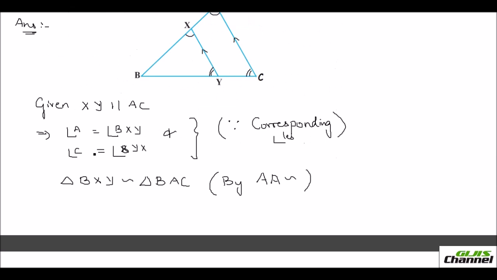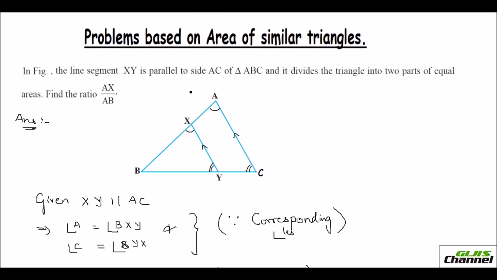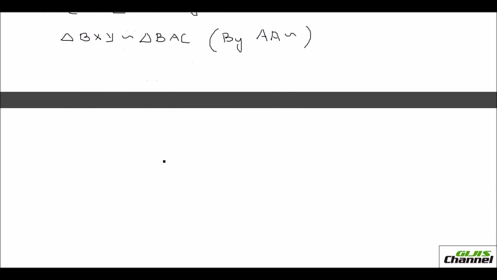They've asked you to write the ratio of AX and AB, right? So we need this and this. For this, I am going to use the area theorem of similar triangles. So I say that the area of triangle, let me take the bigger one first.